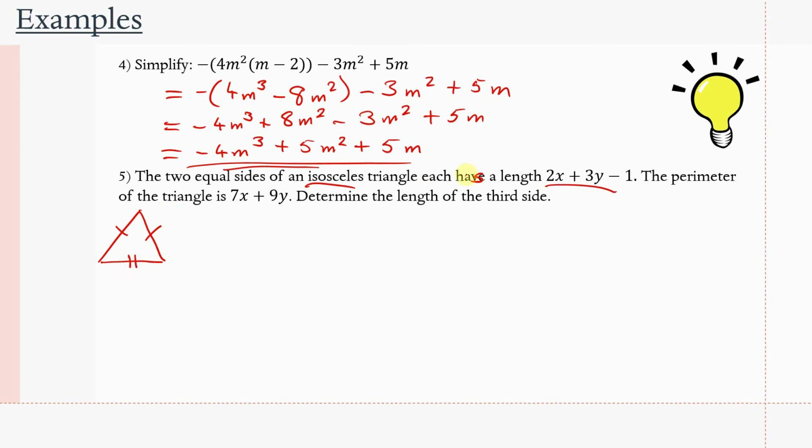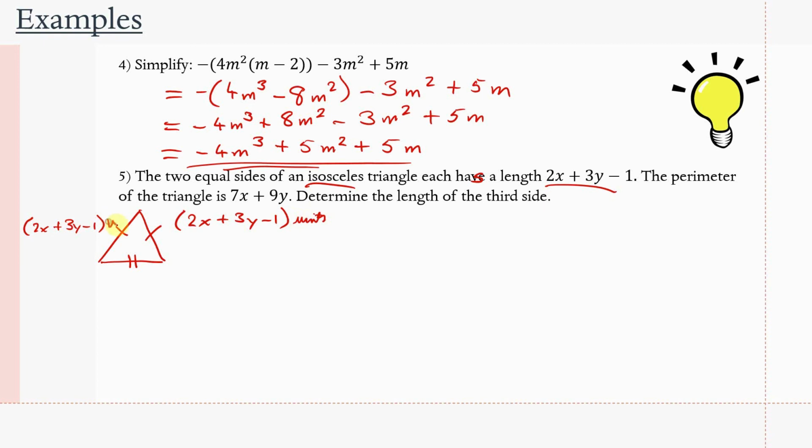And it says each equal side of the isosceles triangle has a length of 2x plus 3y minus 1, and this one's the same, 2x plus 3y minus 1 units. It doesn't actually specify in this question, it's just units.